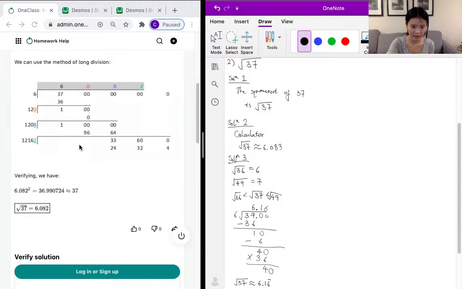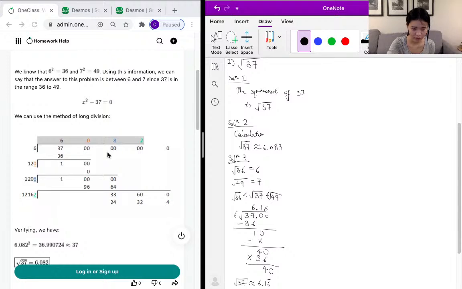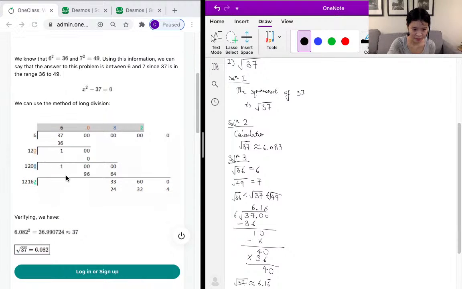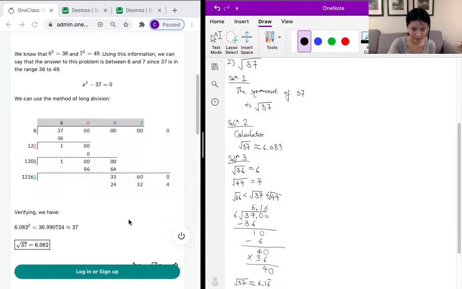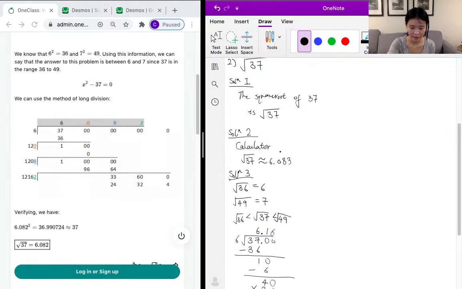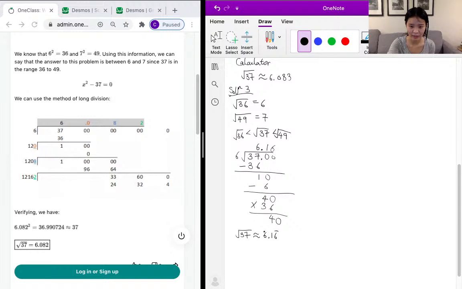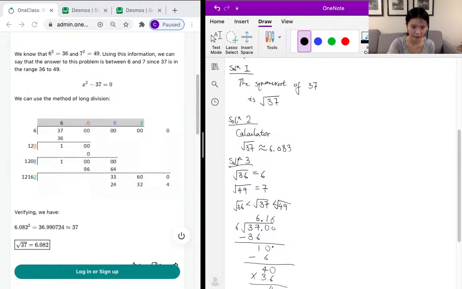And what did they use? They also use long division, but they use something that's a little different. Their answer is 6.082, which is really close to our real answer, which is 6.083 over here. Oh yeah, and our solution is quite similar to theirs too, but it has more differences.